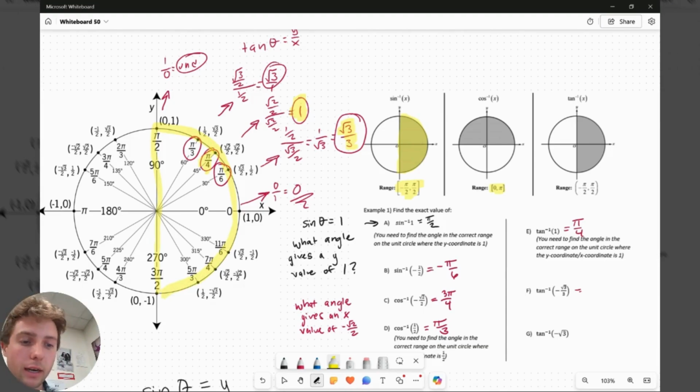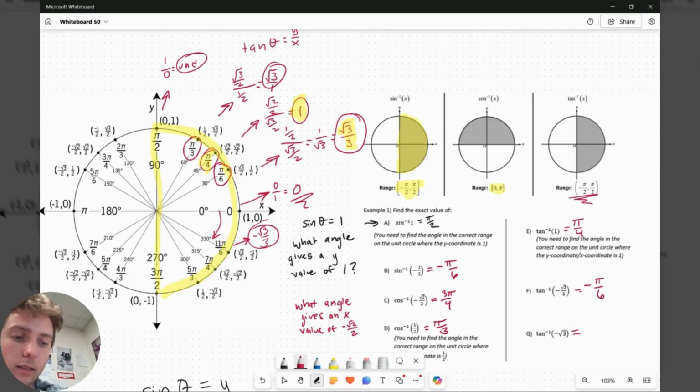So if I want negative root 3 over 3, that must occur here. So now what that tells me is I'm at 11 pi 6, but again, we don't like 11 pi 6. It needs to be in the correct range. So in order to get to that angle, I would just go in the negative direction instead.